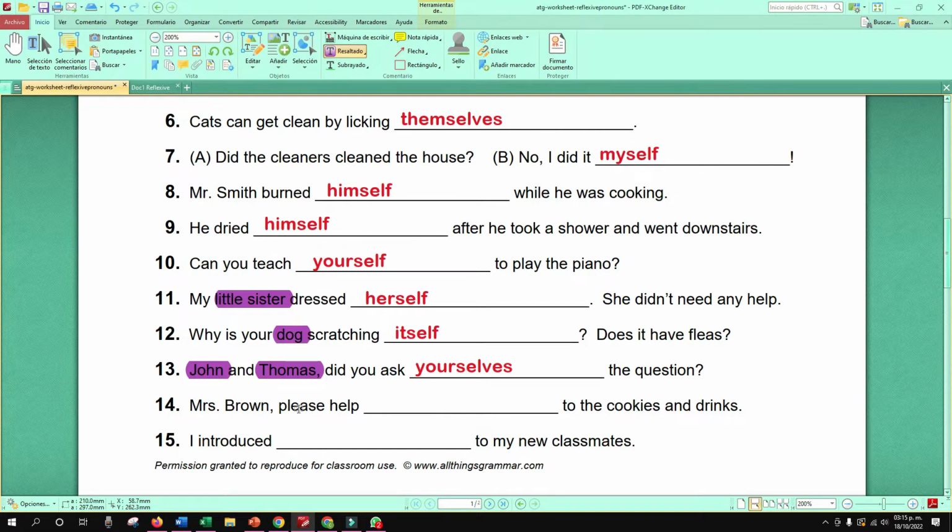What about 14? Mrs. Brown, please help to the cookies and drinks. Miss Brown, look at this one. She, right? So, which reflexive pronoun are we going to use here? Mrs. Brown, right?